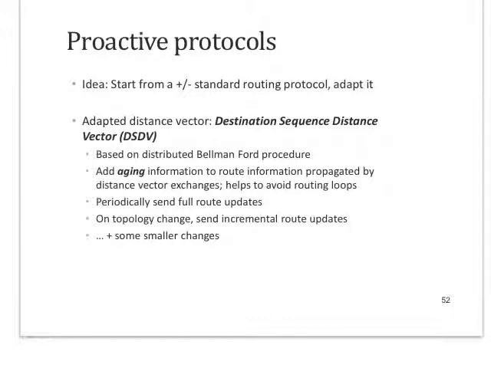If what's in the distance vector is better than what I have in the table, then update my table, and that's it. So it's very simple, but the condition here is that it requires some regular updates.